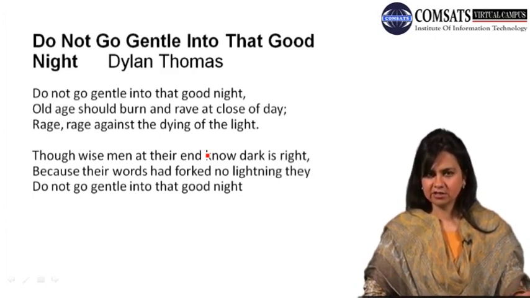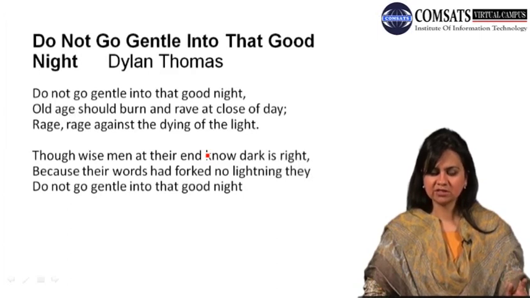Then we have identified parallelism in the form of repetition of words and lines, not only in the repetition of the first and the last line of the first stanza, but also repetition of the words rage, rage, and also in the first line, see, there is repetition of the sound, that is go, gentle, good night.